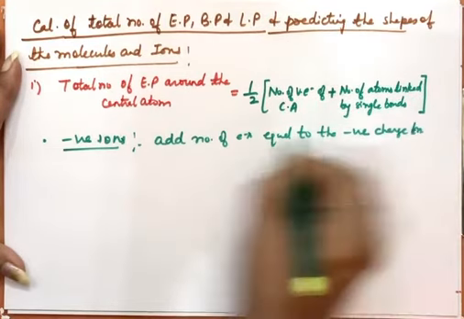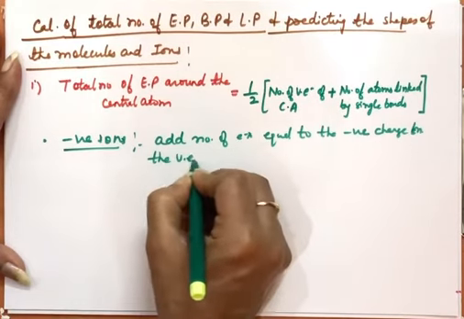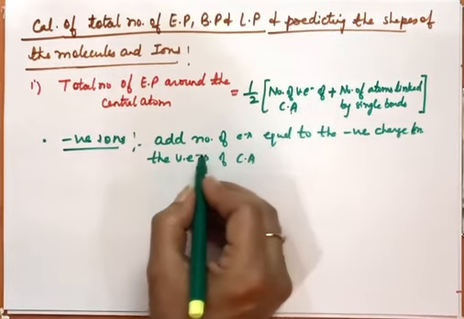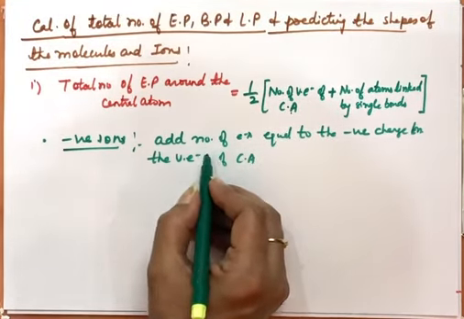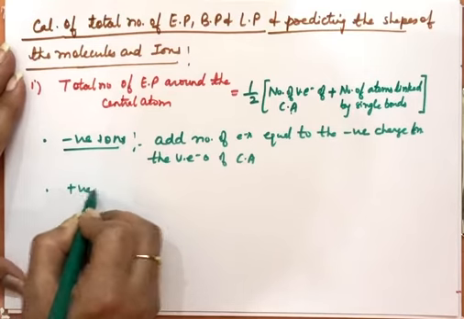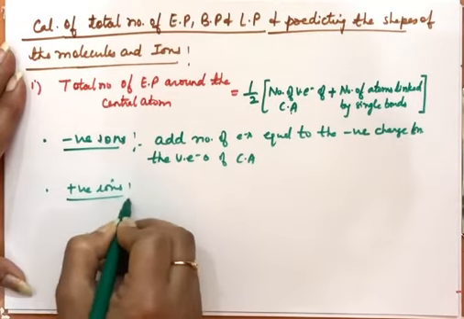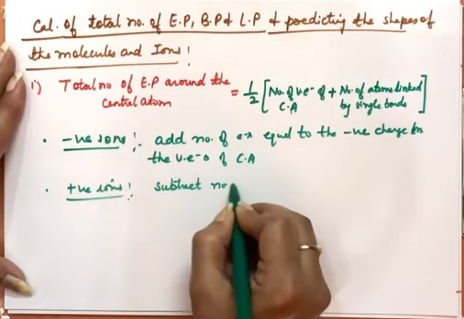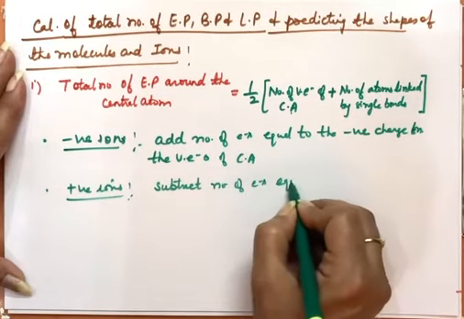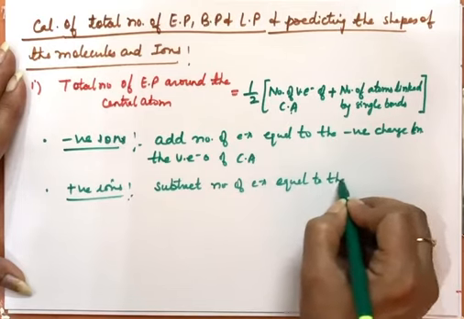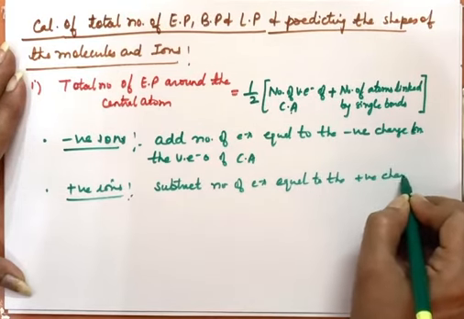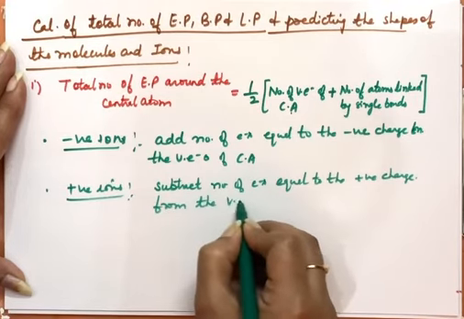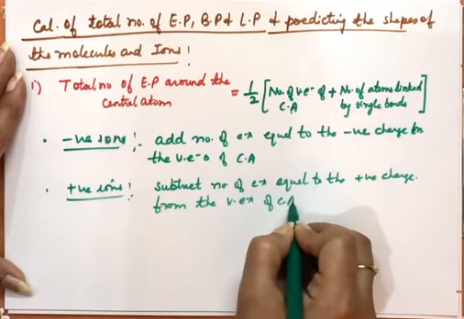But if there is a positive ion, then we remove that many electrons: subtract the number of electrons equal to the positive charge from the valence electrons of the central atom.